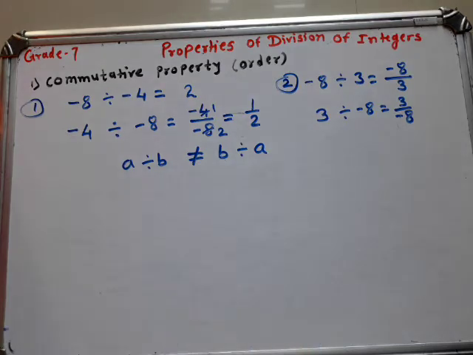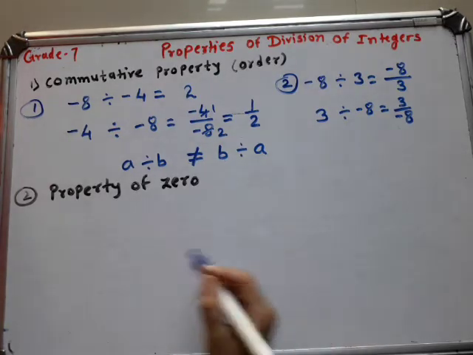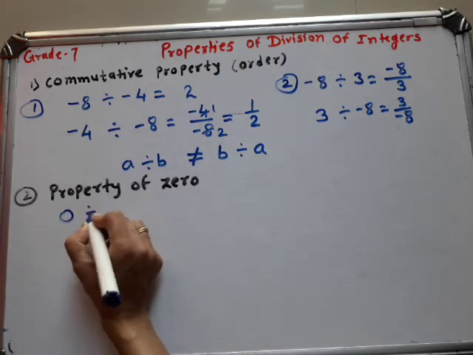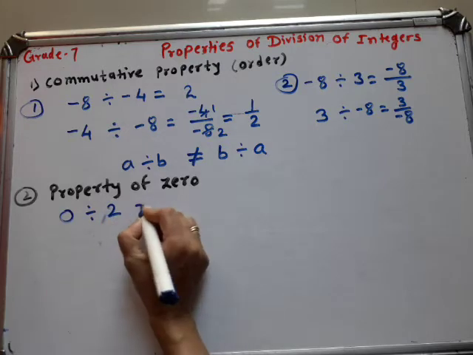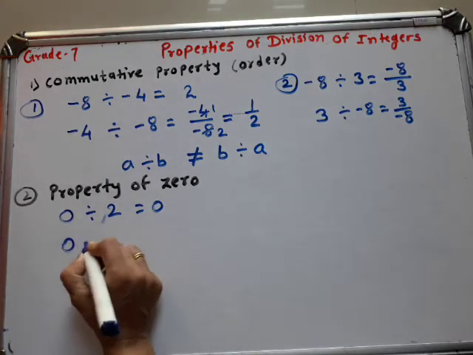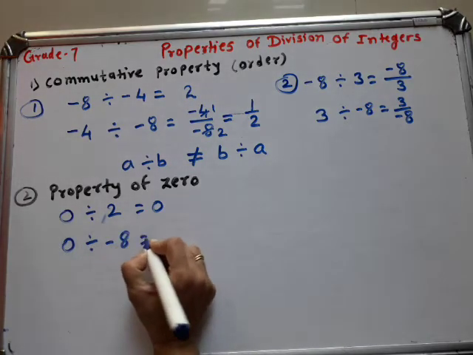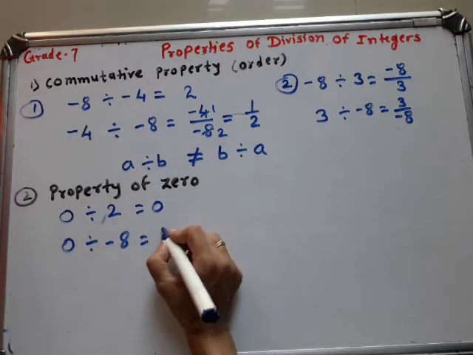The second is the property of 0. If 0 is divided by any integer, suppose we divide 0 by 2, we get the answer 0. Next, 0 divided by minus 8, again we get the answer 0.